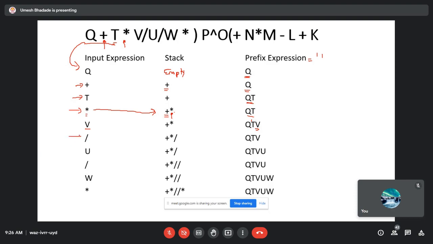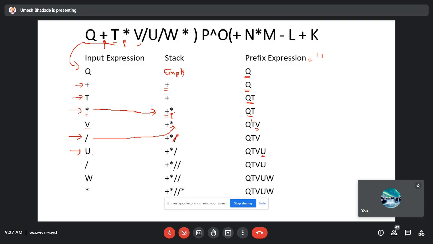Then the another symbol is divide. Now this divide will be compared with the top of the stack. What is the top of the stack? Star. Now star and slash, they are having equal priority, right? They are having equal priority. So we will push the symbol onto the stack. Okay. Then next u, again it is an operand, so it will be added to the prefix expression. Then again slash is there.